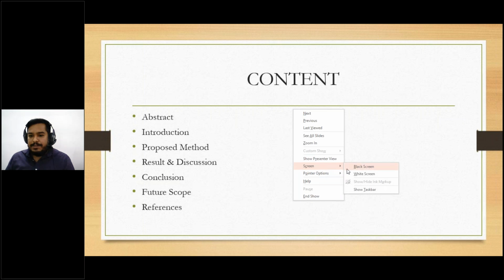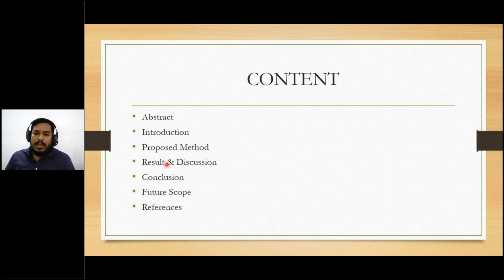Then introduction, proposed method, and result discussion, which is the most important part of my research work, then conclusion, future scope, and lastly references. So let's begin with the abstract.